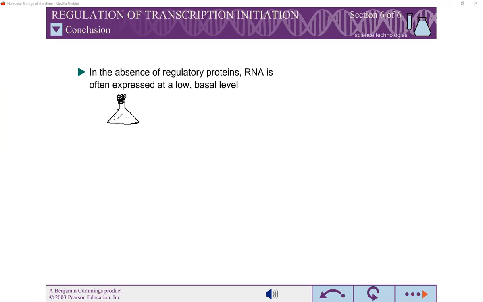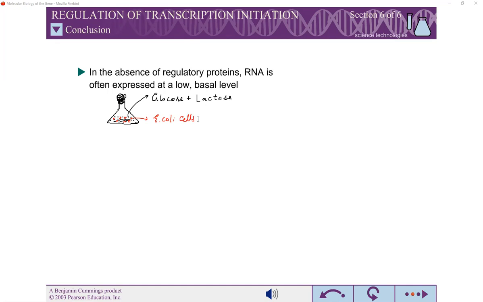Within this flask you have glucose molecules, and along with the glucose you have lactose. I'm showing E. coli in red. These will be the E. coli cells.